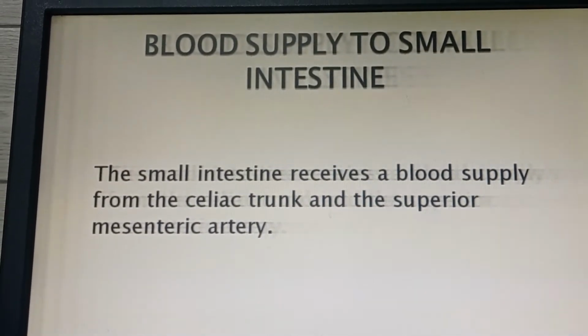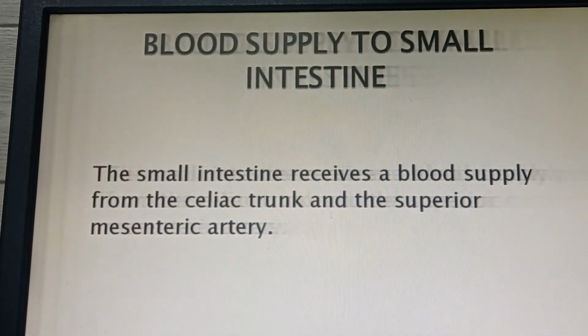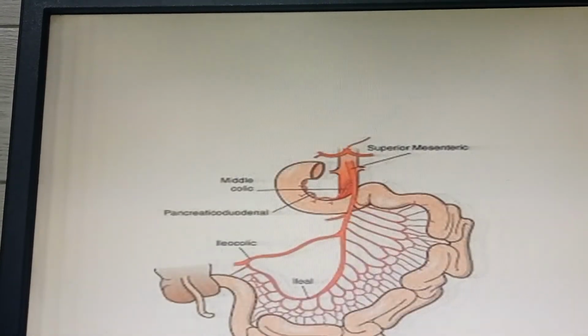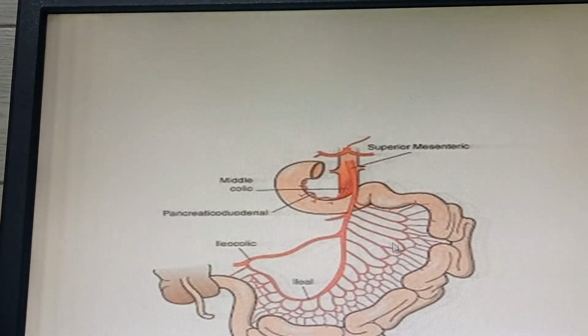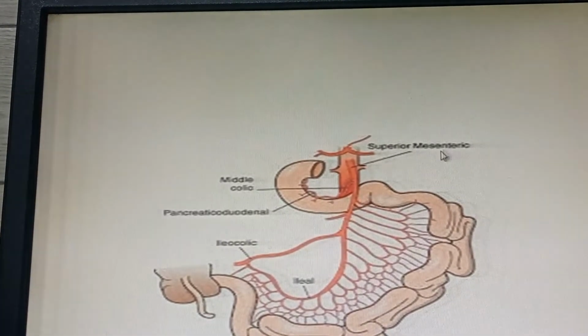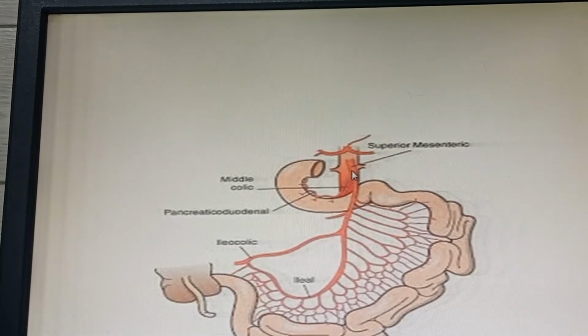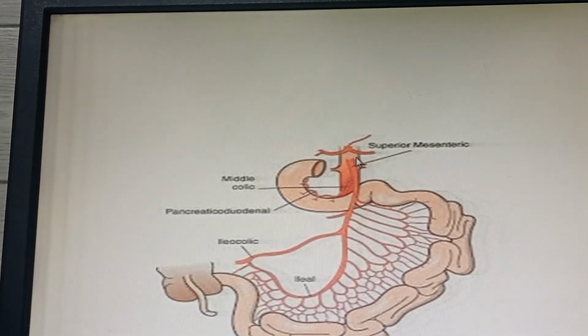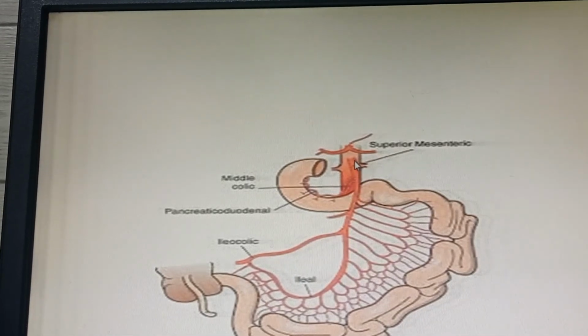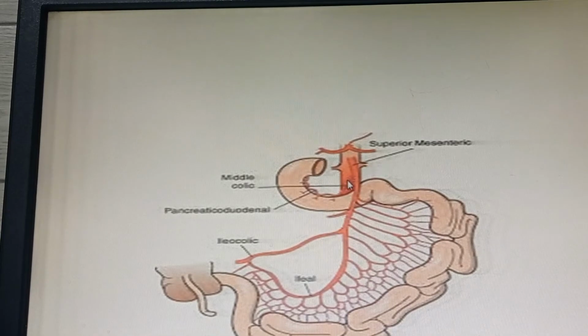In this picture, the superior mesenteric artery is the artery which supplies blood to small intestine. This superior mesenteric artery is a branch of the celiac artery.